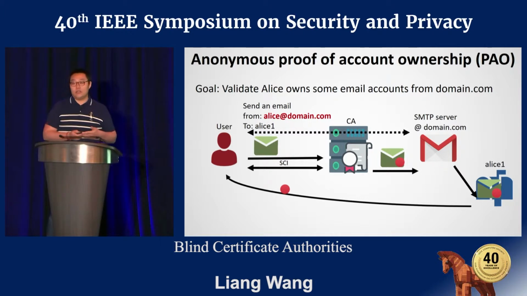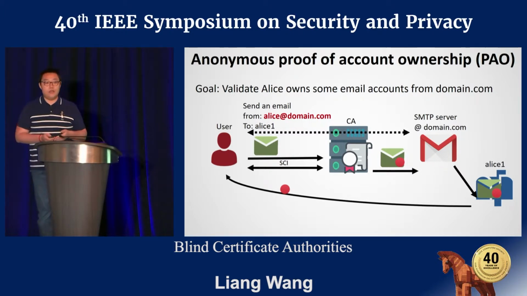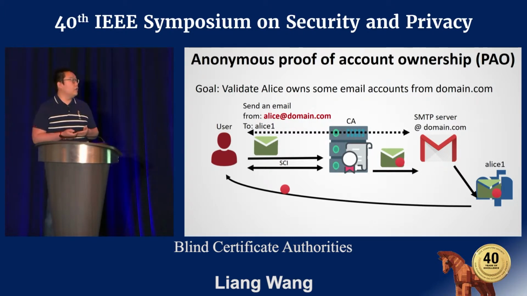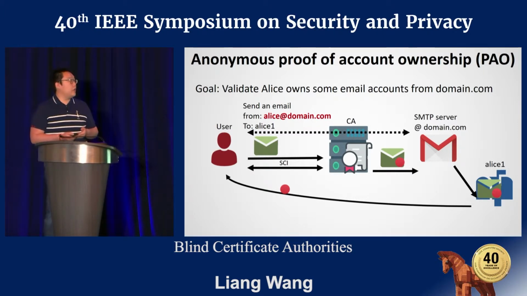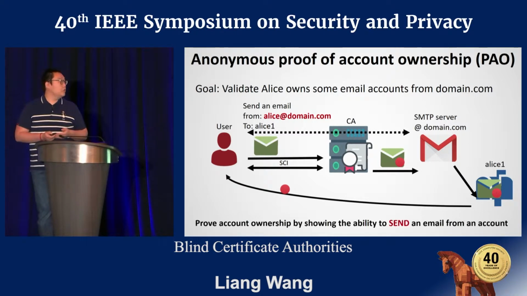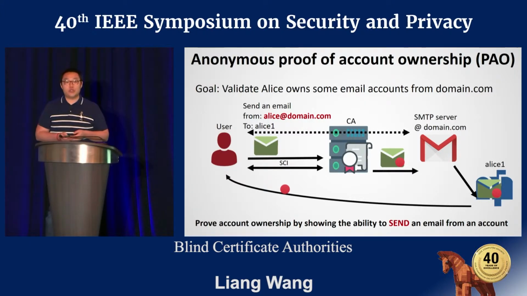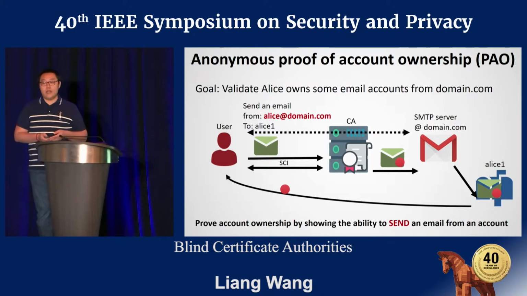So as long as the user can send an email from the SMTP server at domain.com, the CA knows that the user has some account that belongs to domain.com. So different from conventional email verification, our method proves account ownership by showing the ability to send an email from an account.